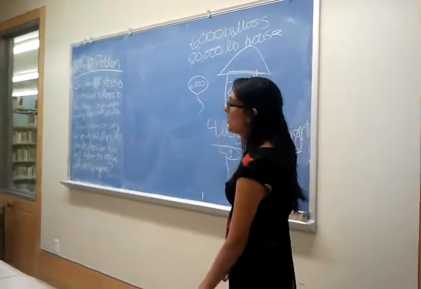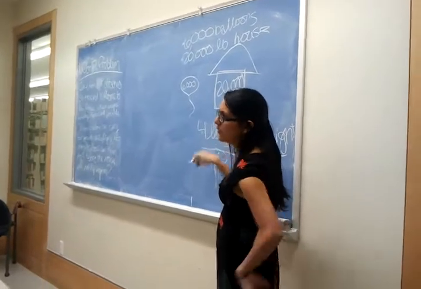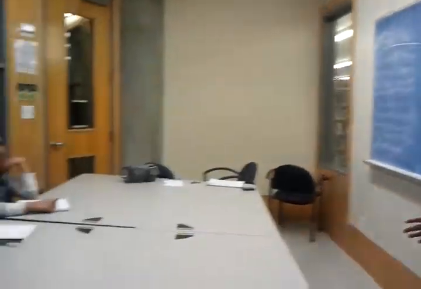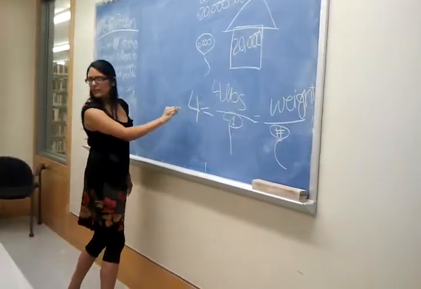But why? Well, just think about it. Each balloon can hold 4 pounds, right? So if you have 2 balloons, they can each hold 4 pounds, right? So it'll be 8 pounds total. And if you have 8 pounds on top and 2 balloons on bottom, it's still the same ratio because you have 4 over 1 or 8 over 2. But either way, it's always going to equal 4, right? So do you see that?